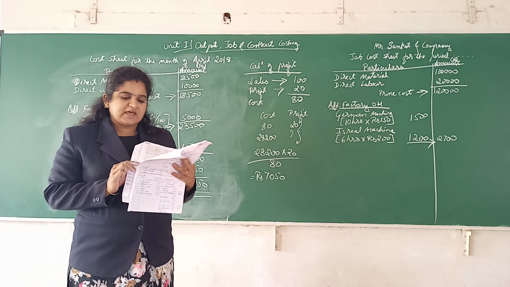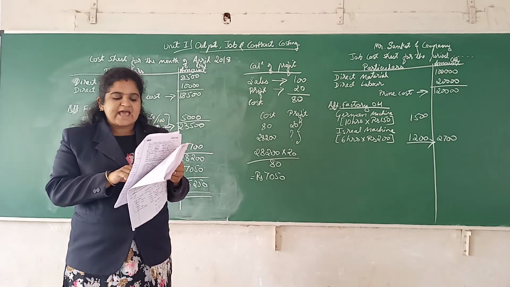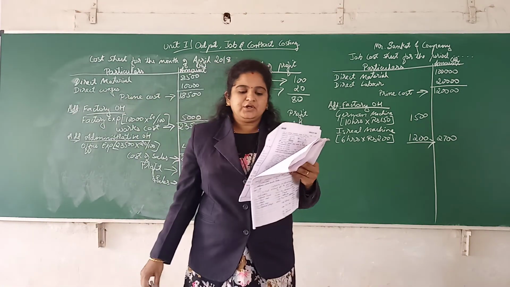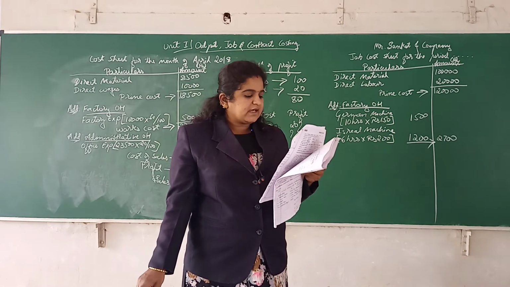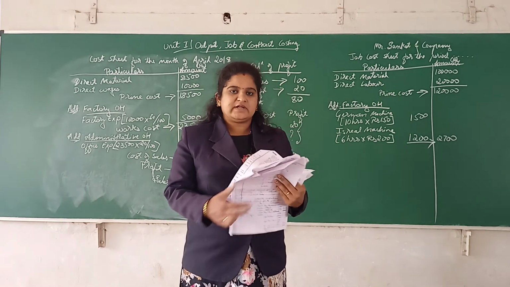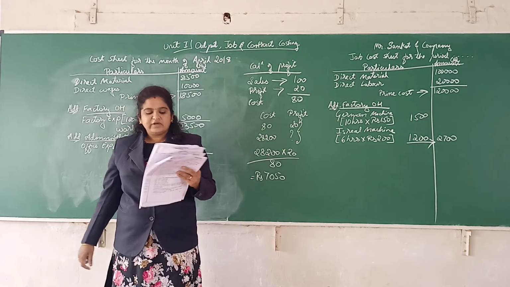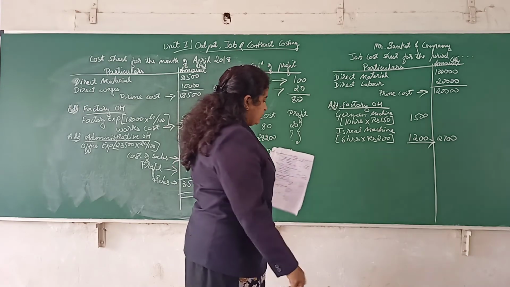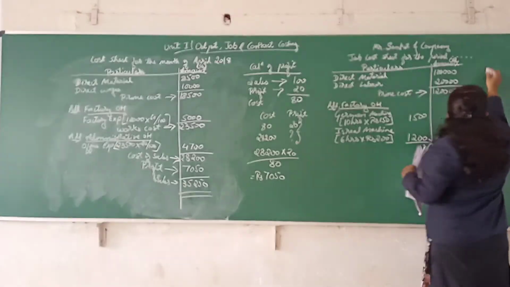Okay, now next what they have given. Next point: the direct wages in all other shops last year amounted to rupees 30 lakhs as against rupees 6 lakhs factory overheads. Okay, so again here they have given factory overhead, so there will be a working note for this. So next take down the calculation of factory overheads.